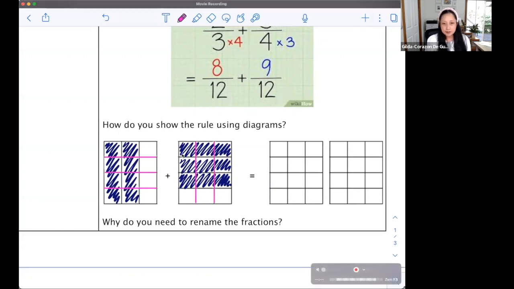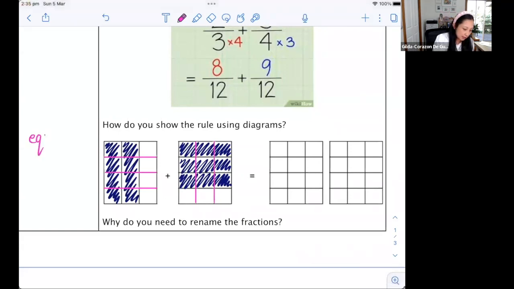And therefore this one whole part here is of the same size as this one here, because as you noticed a while ago, this one here would not have the same size as the one that's horizontally drawn here or shaded here. But what we want to emphasize with fractions is that they are equal parts. You need to make sure that for you to be able to add them, they are divided into equal parts, and those wholes would be divided into the same equal parts as the other.